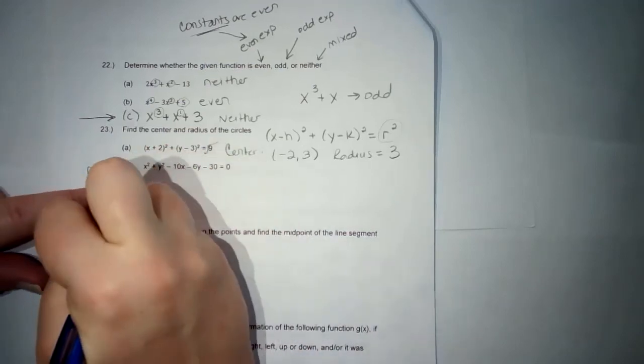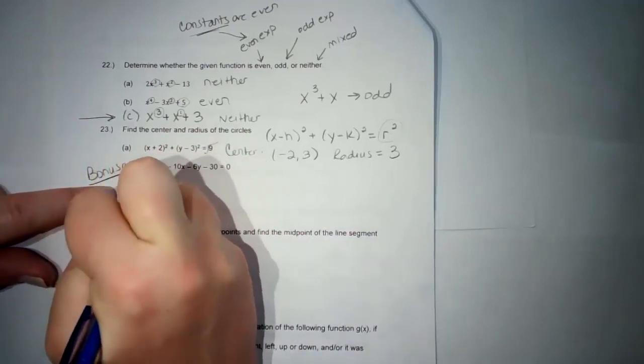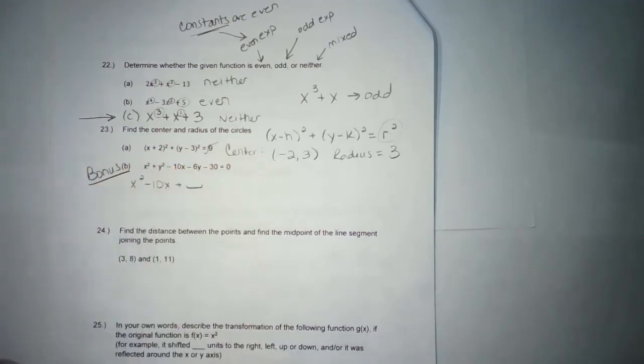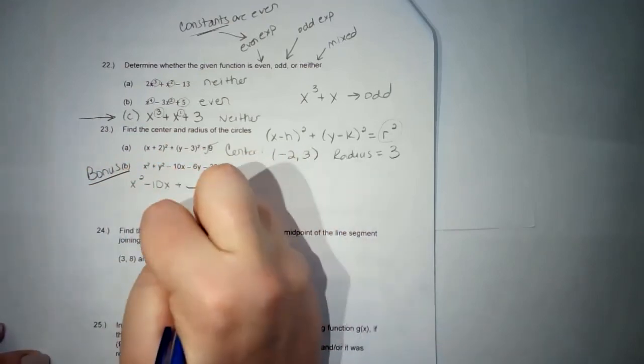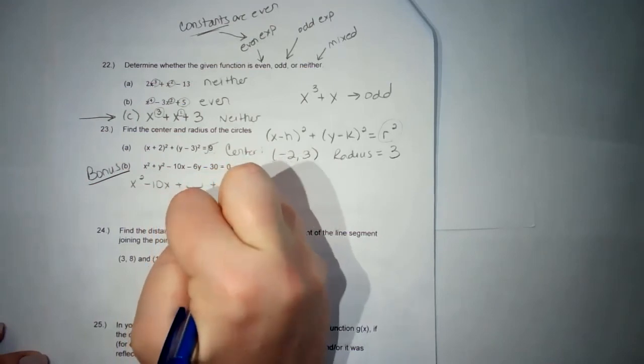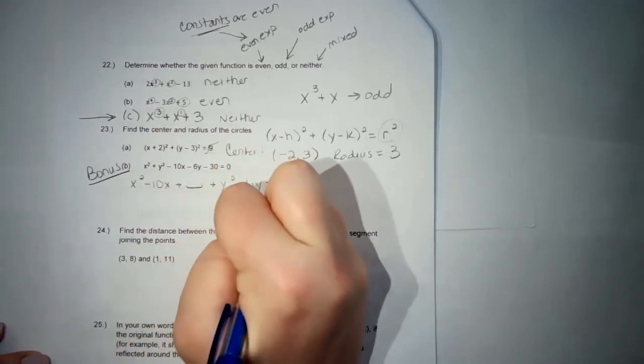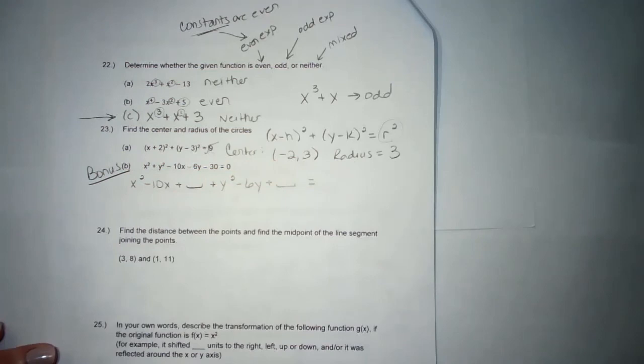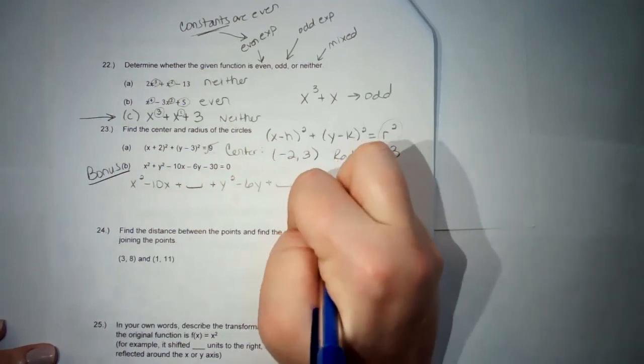Okay, so we're going to have x squared minus 10x, and we're going to leave a blank. Then we're going to have plus y squared minus 6y. We're going to leave a blank. All right, this is a minus 30. So what's he going to be when I move him to the other side? Plus 30.